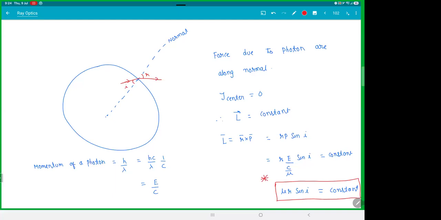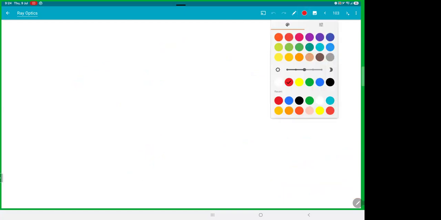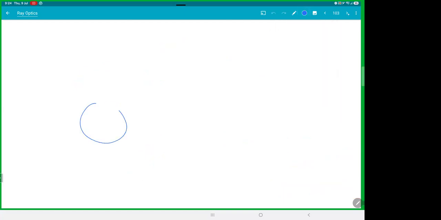And how to do this mathematically, I'll just show you. See, we take a small region there. I'm drawing big here, but this is a very thin region.